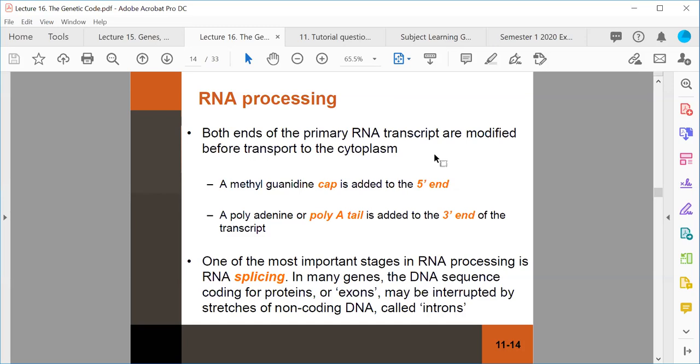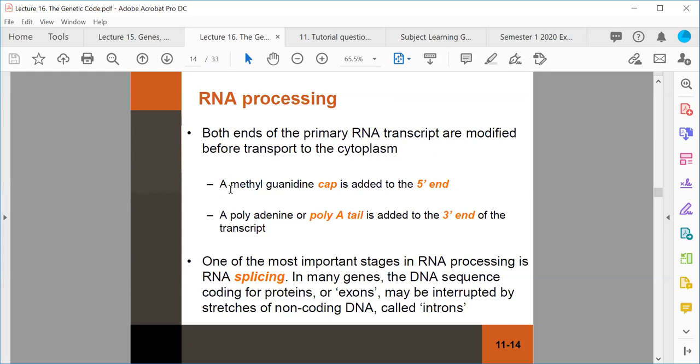There are 3 major modifications that take place to the RNA, and these are referred to as RNA processing. So both ends of the RNA molecule are modified before that final RNA molecule is transported out of the nucleus and into the cytosol of the cell.